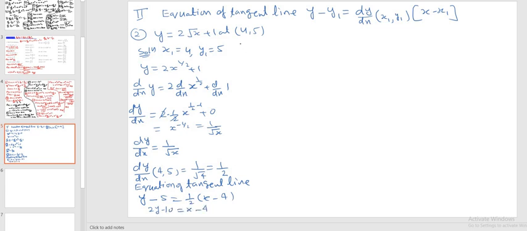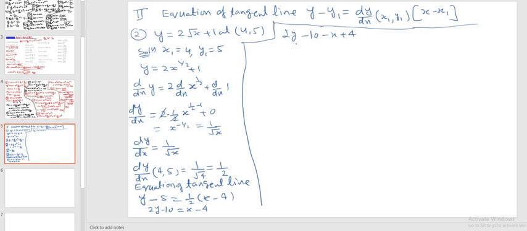Arrange all terms in standard linear form. That means 2y minus 10 minus x plus 4 is equal to 0. So you can write 2y minus x minus 6 is equal to 0. This is the answer of question number 2.